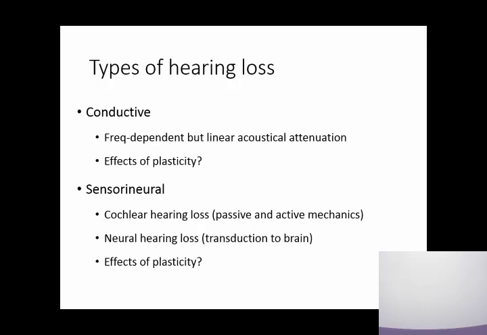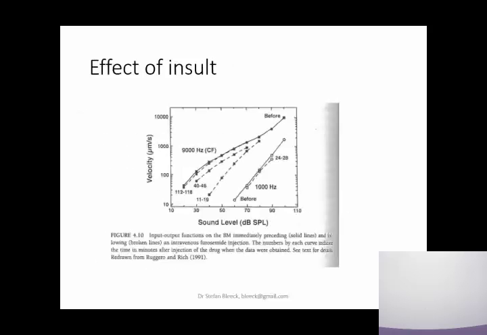It doesn't create new frequencies. Sensorineural hearing loss is more difficult, as it obviously affects loudness perception. And we have a summary there. We have the cochlear hearing loss, the neural hearing loss, the strial hearing loss, and we need to understand that. What's the problem?